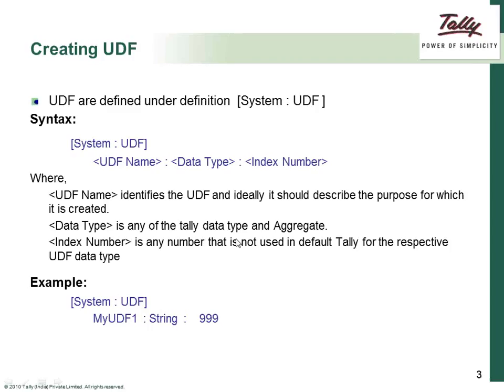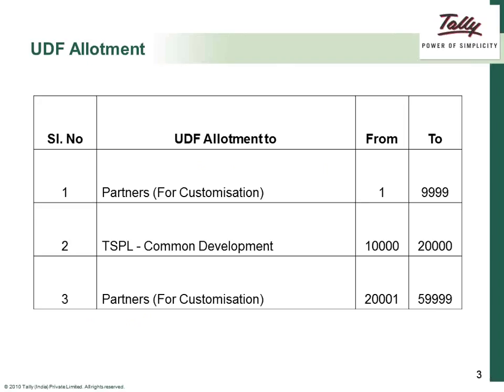Data type can be any data type of Tally that is specified as per the list. Index number can be any number. However, there has to be a limit, right? Even Microsoft Windows have a limit, so we do have some limits.